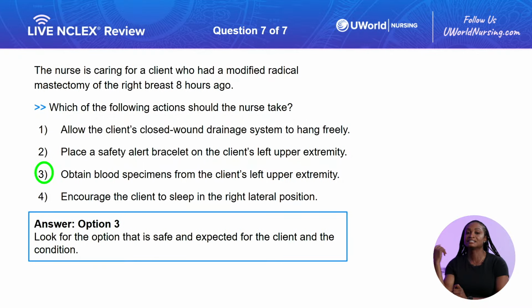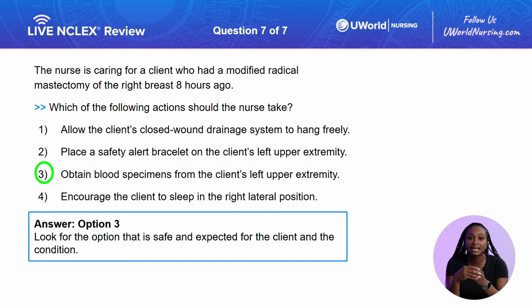Good job, guys. Okay. I got lots of 1s, 3s, and 2s. So let's go over why number 3 is the correct answer. So like I was saying, that modified radical mastectomy of the right breast. So we're going to do everything to protect that right side and give it a rest.